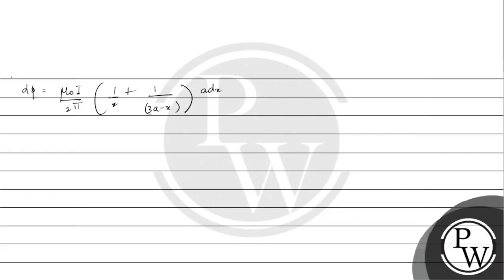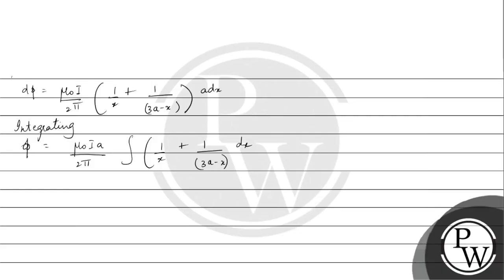Integrating on both sides, we will get the flux through the entire loop. So phi is equal to mu naught I a by 2 pi integral of 1 by x plus 1 by 3a minus x dx. We have to put the limits.